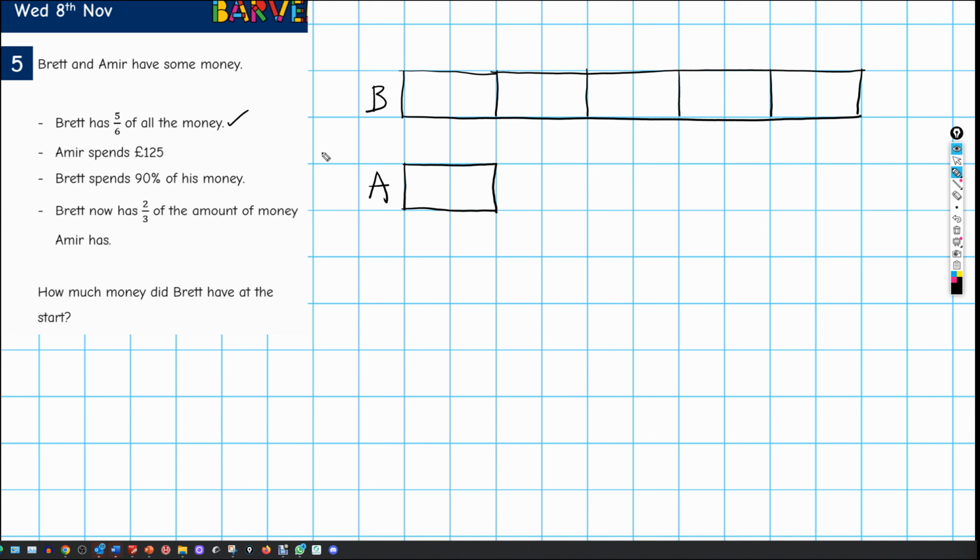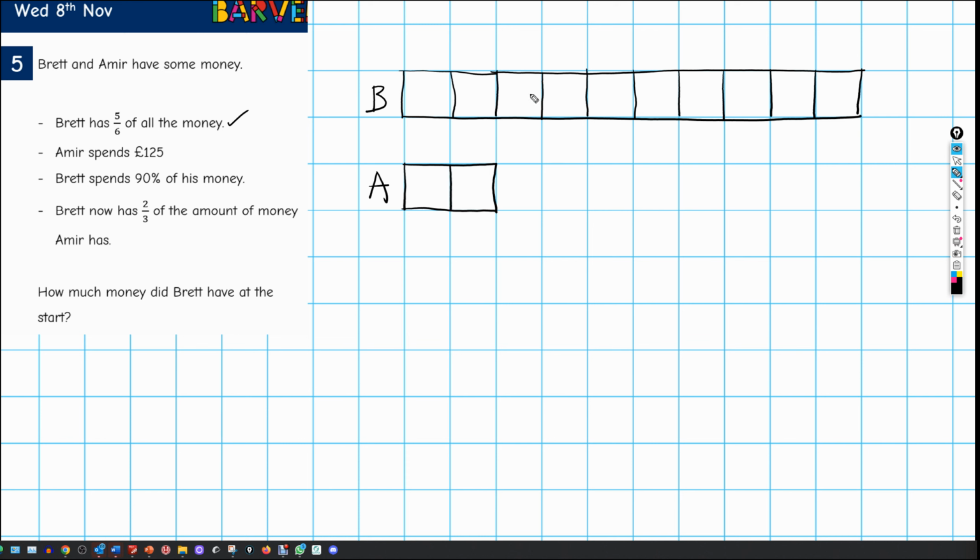So this is nice and convenient that Brett has 5 parts here because we can divide this into 10 parts very easily. So I'm going to badly divide that. There we go. And now that I've divided this into 10 parts, I need to subdivide this.